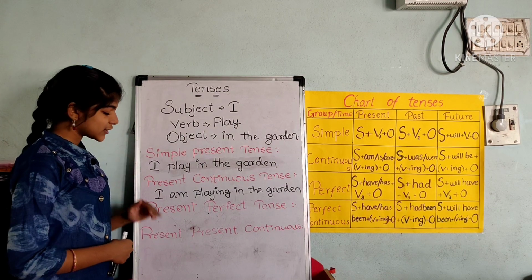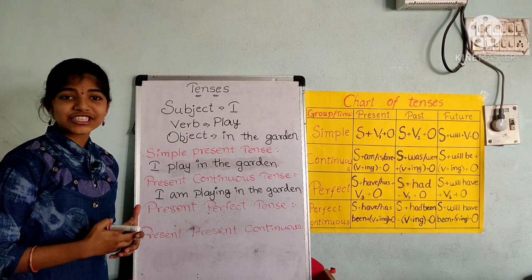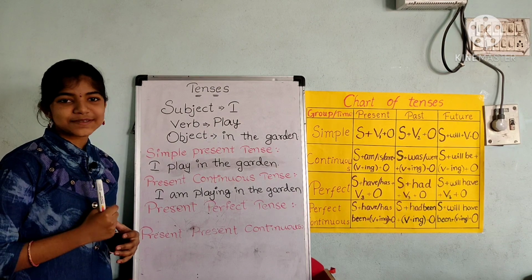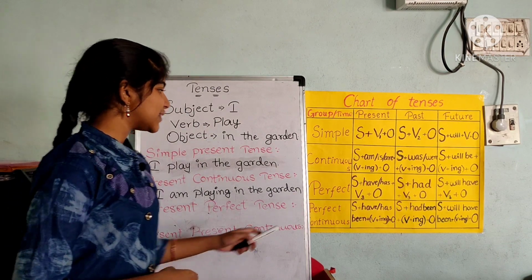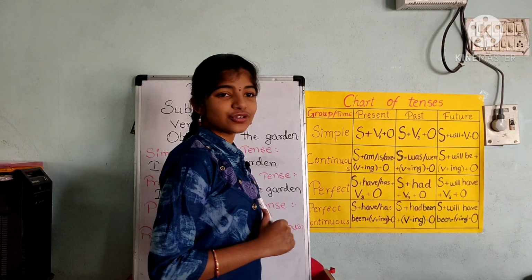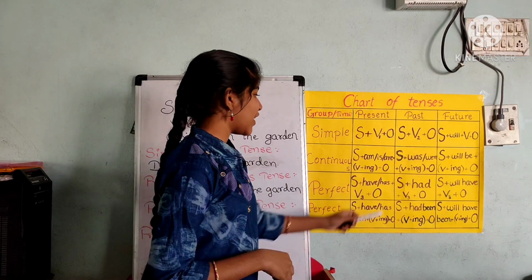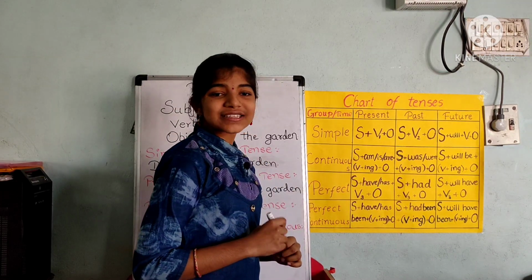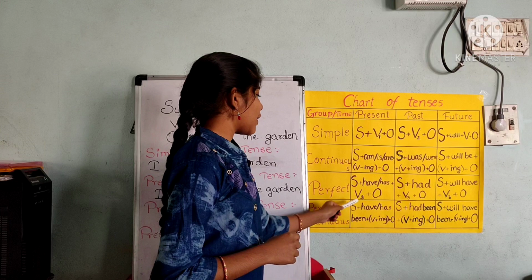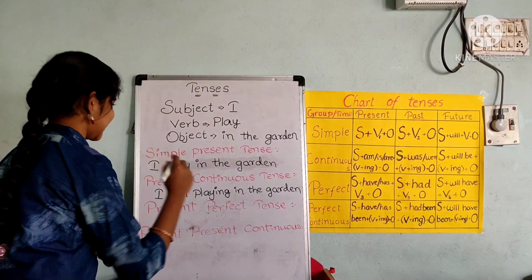Now the third tense, present perfect tense, which means an action that happened at an unspecified time. Formula for this is subject plus have or has. We should use have when the subject is I or plural form, and has when the subject is in singular form, plus third verb form plus object. Let's write the sentence.